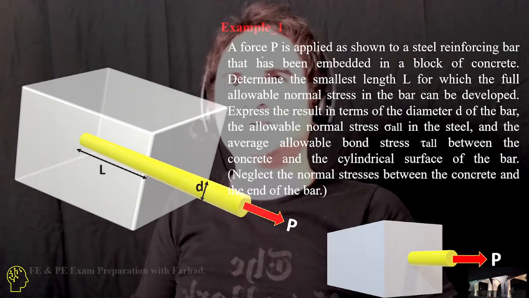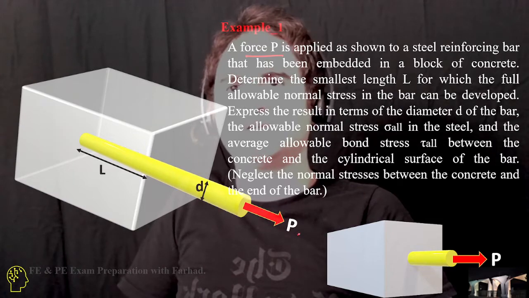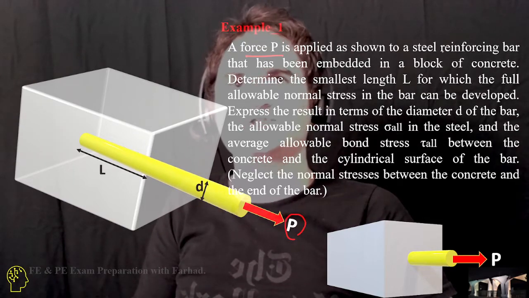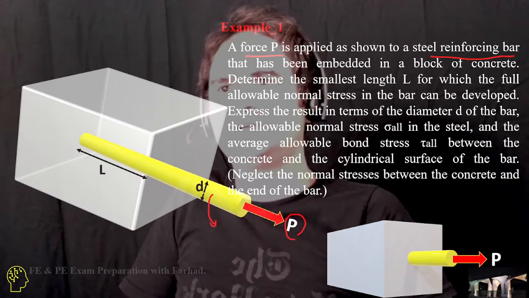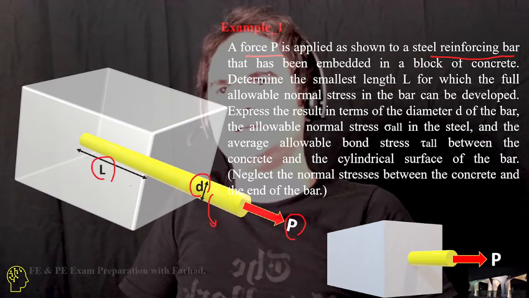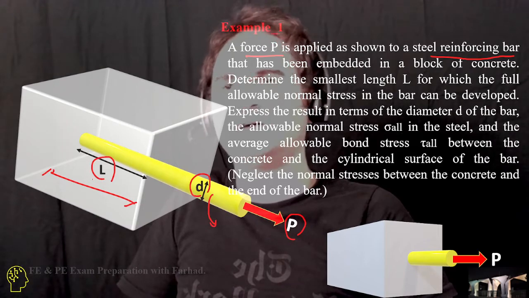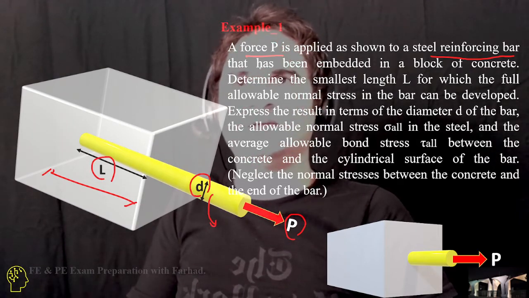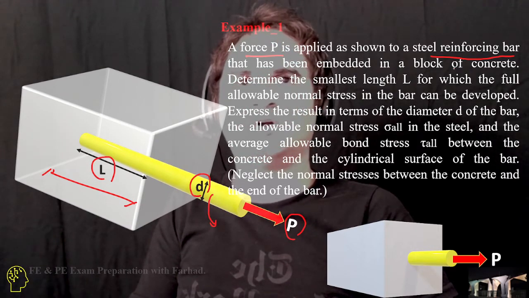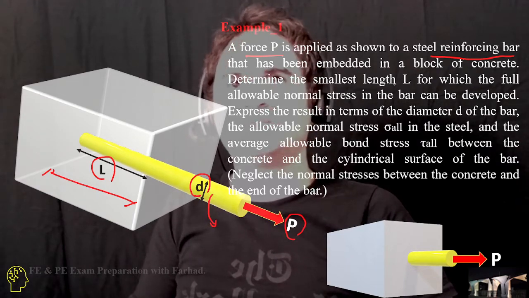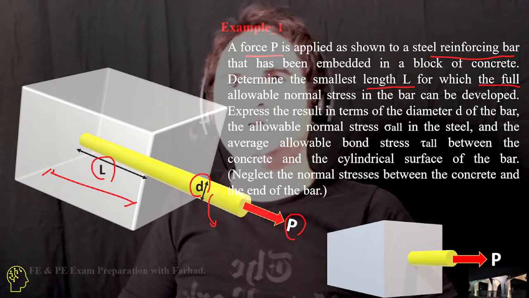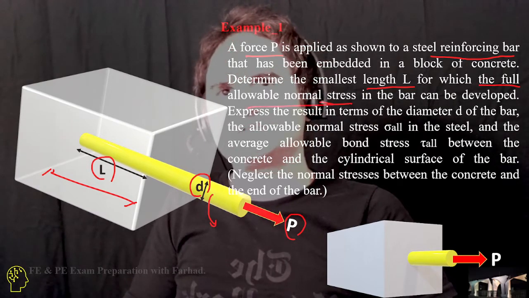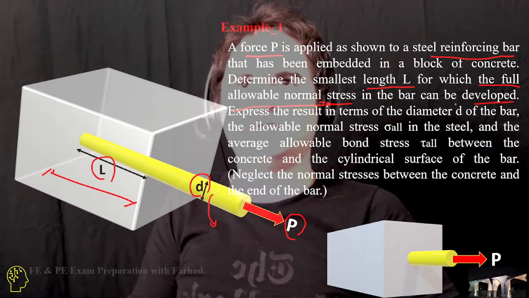So in this example, a force of P is applied as shown to a steel reinforced bar. We have a steel reinforced bar with a diameter of D and a length of L inside the concrete block, which has been embedded in a block of concrete. Determine the smallest design length L at which the full allowable normal stress in the bar can be developed.